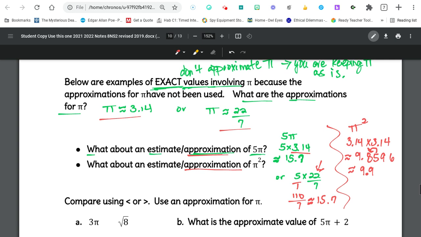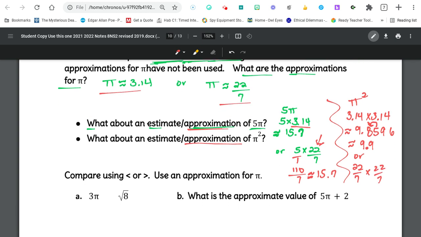Or you could do 22 over 7 times 22 over 7. I wouldn't really do that, but you can, though these numbers get larger. 22 times 22 is 484, and 7 times 7 is 49.